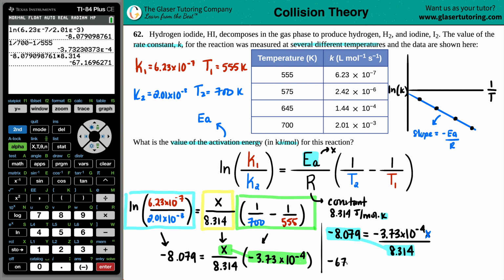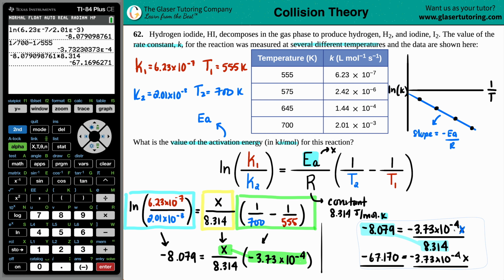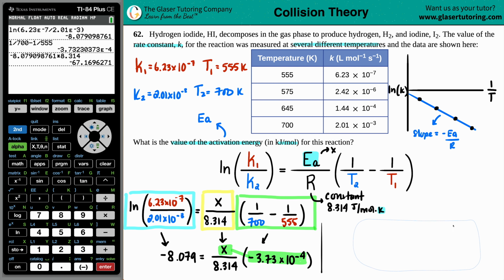Negative 67.170, I guess we'll say, equals negative 3.73 times 10 to the negative 4th x. And now solve for x. Can I move this up a little bit? We're getting room.